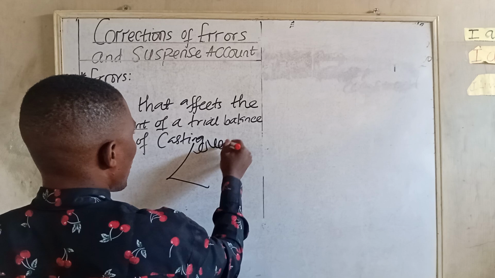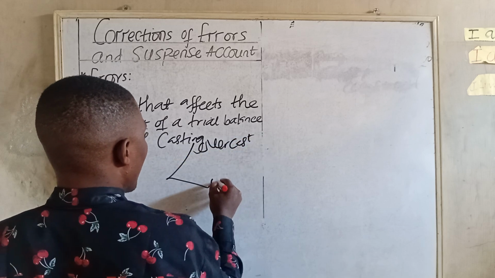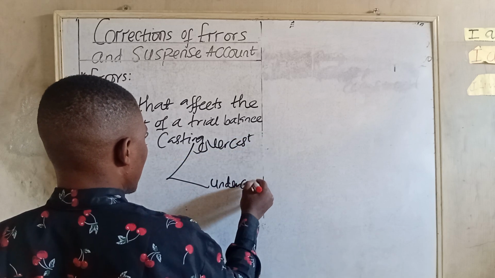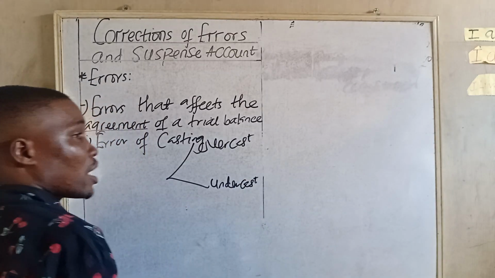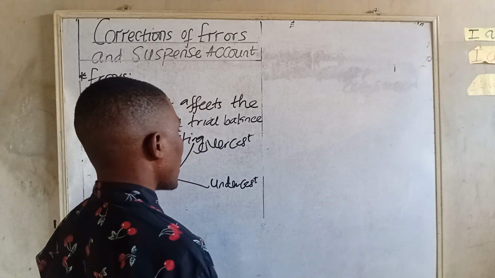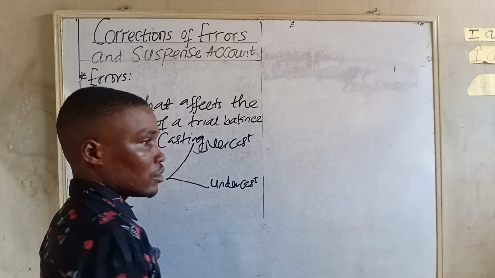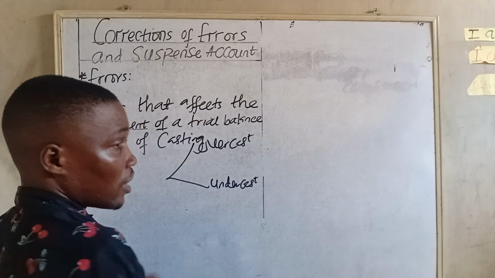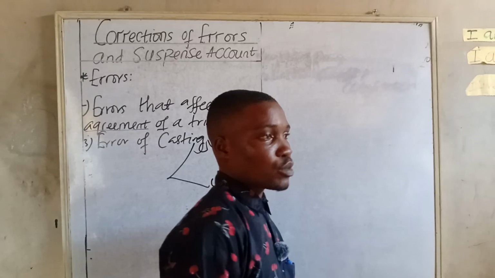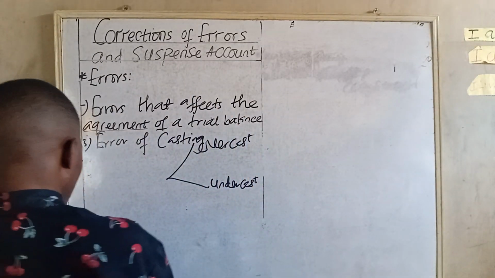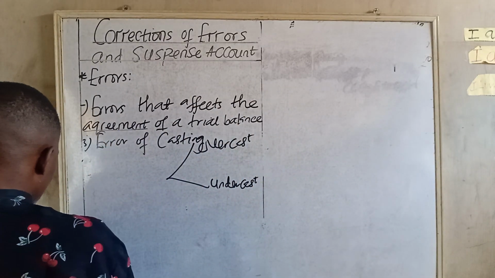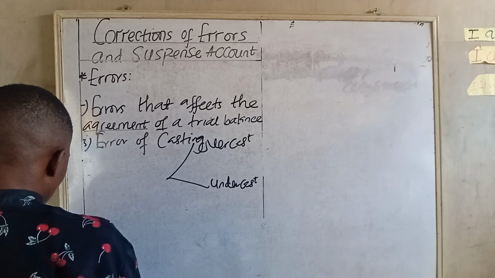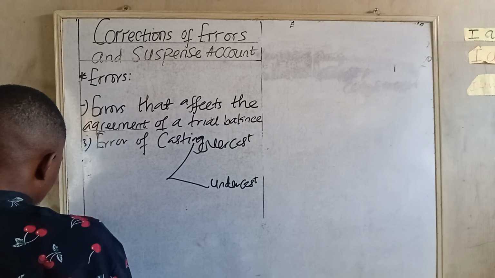Either we have overcast, or we have undercast. So an amount may be overcast or maybe undercast. So it's just like a brother to the error of transposition. Let's see a question to analyze this.